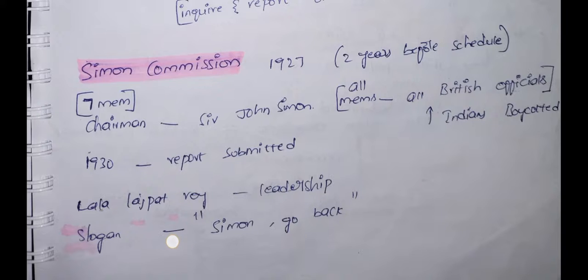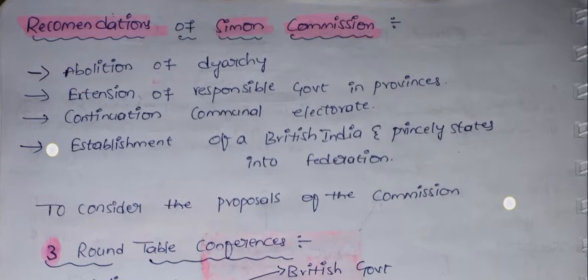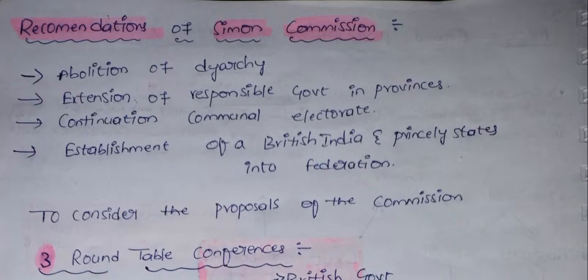The Simon Commission reported in 1930, and some recommendations were given. The first one is abolition of diarchy. We learned about diarchy: provincial subjects were divided into 2 types, reserved and transferred. The next is that responsible government would be extended in provinces, and continuation of communal electorate.